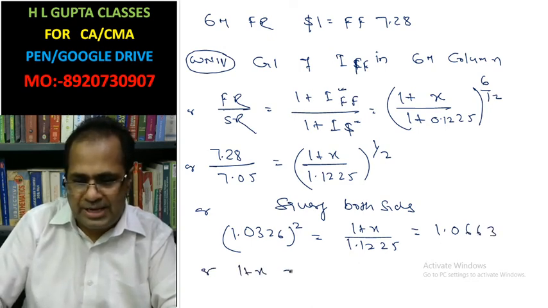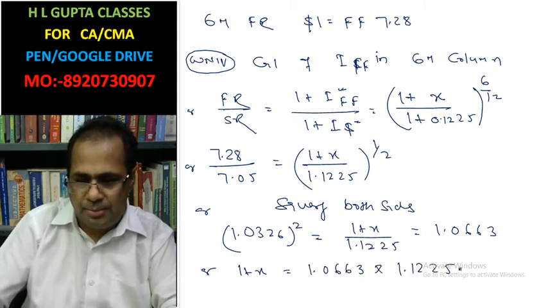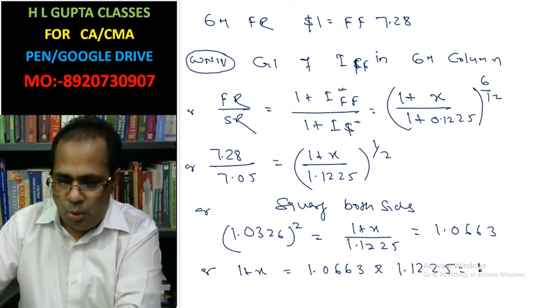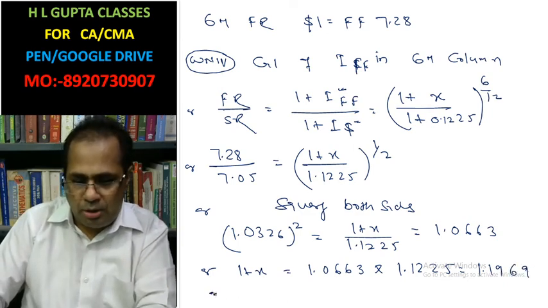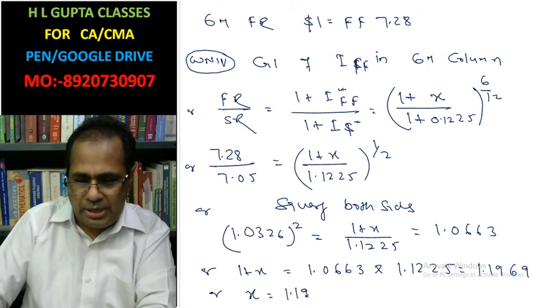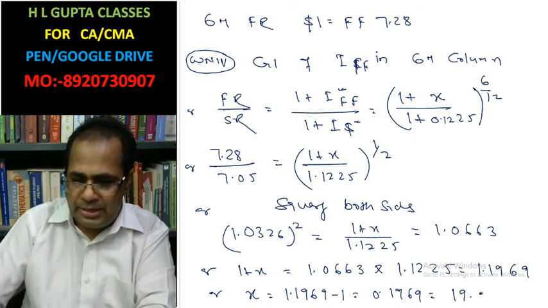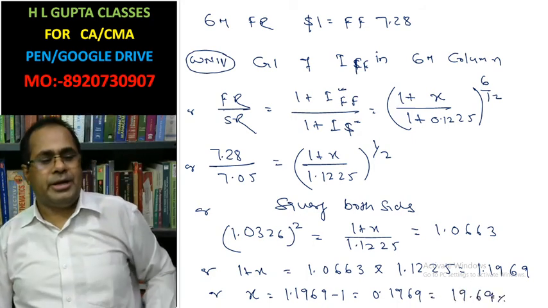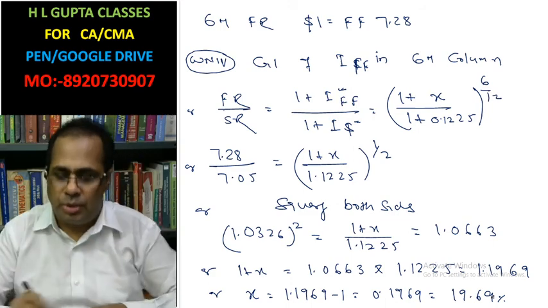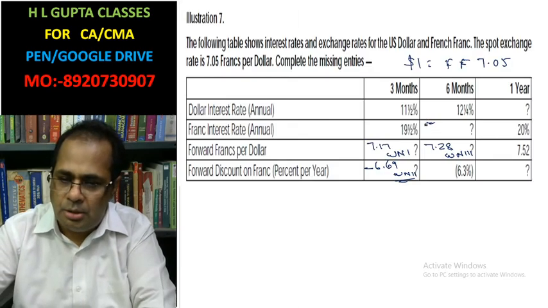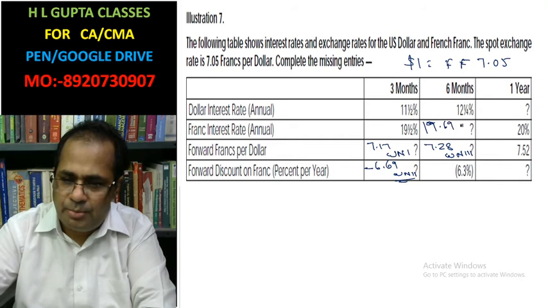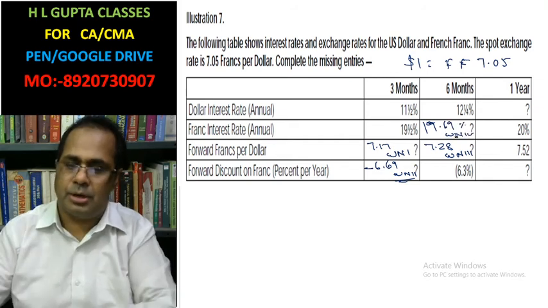Or 1 plus X equals 1.0663 into 1.1225. After multiplying this you will get 1.1969. So X equals 1.1969 minus 1, 0.1969, that equals 19.69%. So this is working note 4: from working note 4 you will get 19.69%.